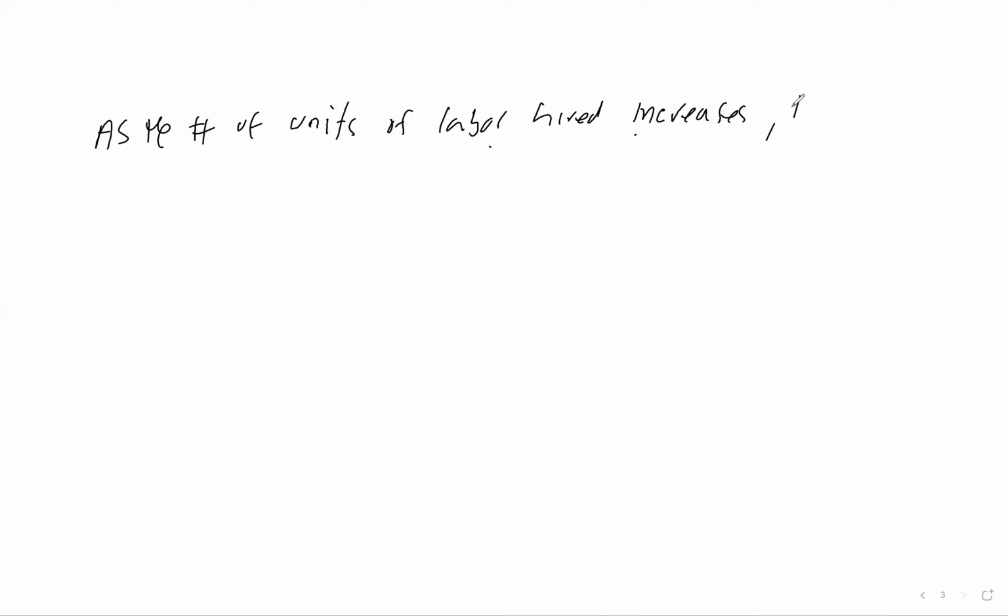Therefore, we can say that as the number of units of labor increases, the marginal product of labor decreases from 0.844 to 0.25.